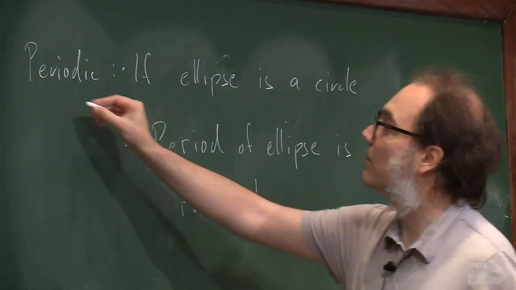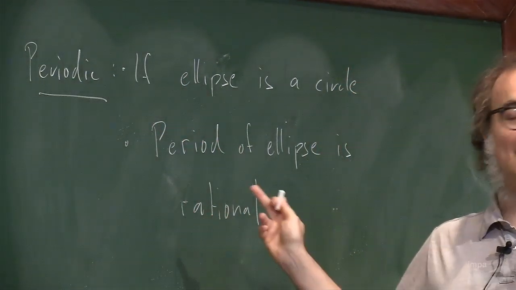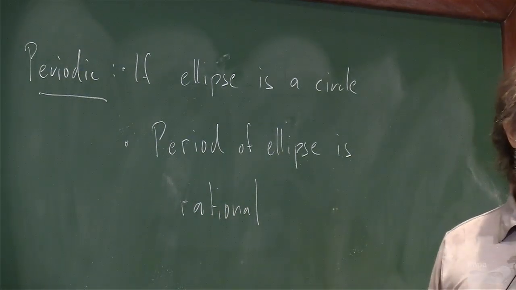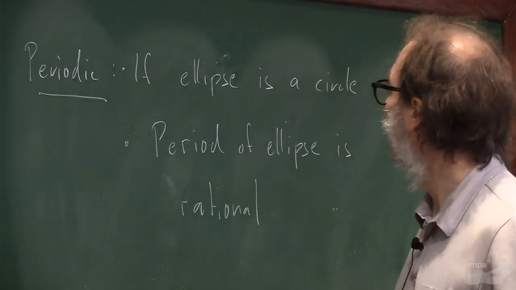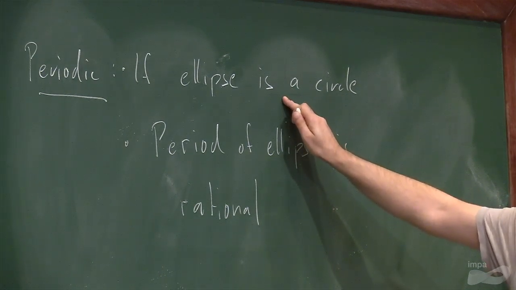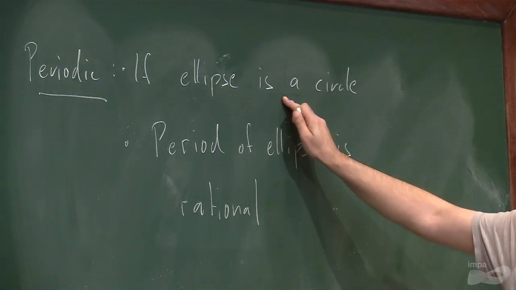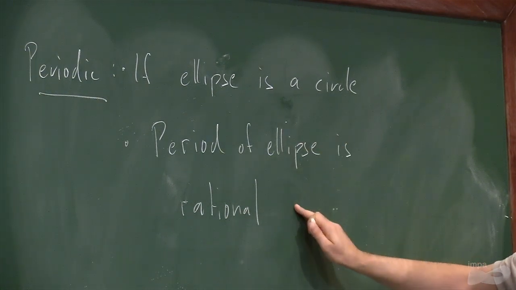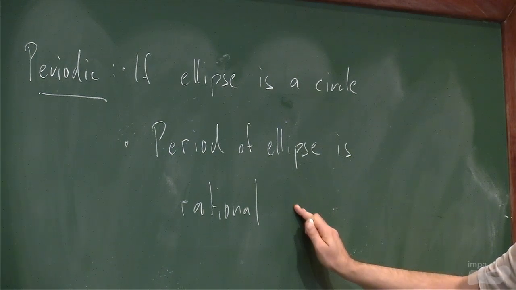And if you look at the families you get in the restricted three-body problem, this goes back to the terminology of Poincaré. The orbits you get from the circles are called periodic orbits of the first kind, and these are called periodic orbits of the second kind.